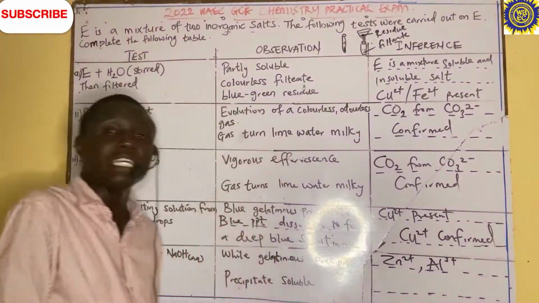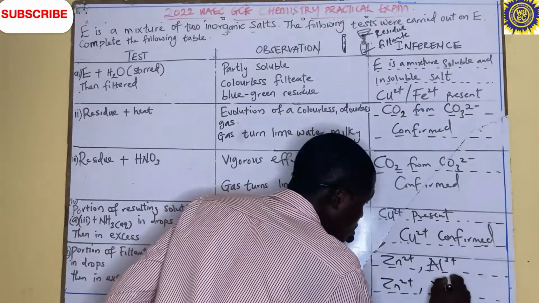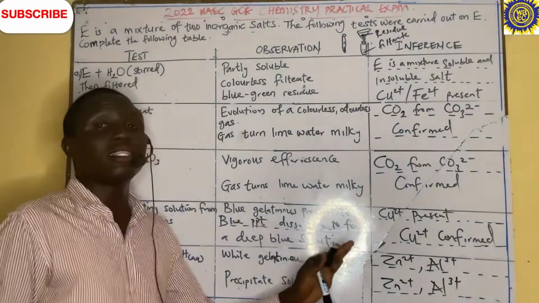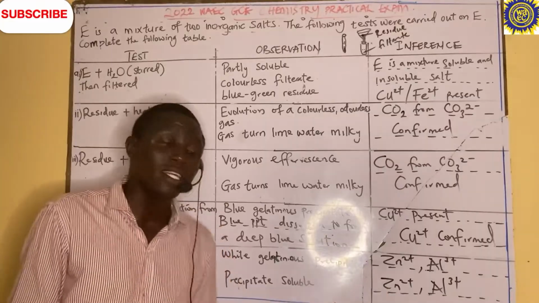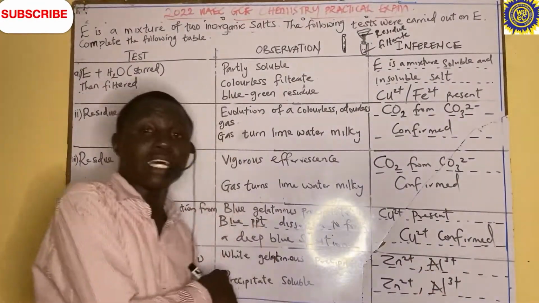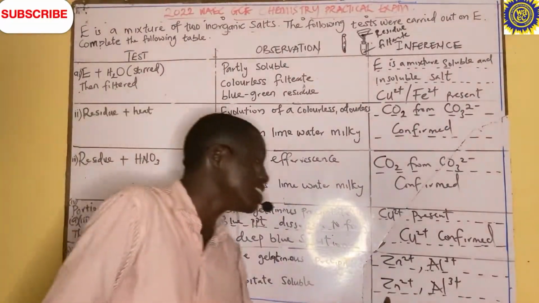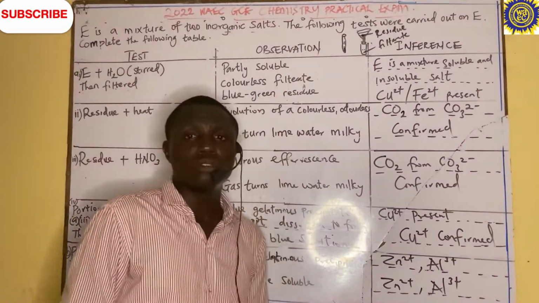They dissolve completely in excess sodium hydroxide. So these are the cations that are likely to be found when the precipitate dissolves in excess sodium hydroxide. Please know that the two cations that are likely to form white gelatinous precipitate with sodium hydroxide are zinc 2 plus and aluminum 3 plus, and they both dissolve in excess sodium hydroxide.